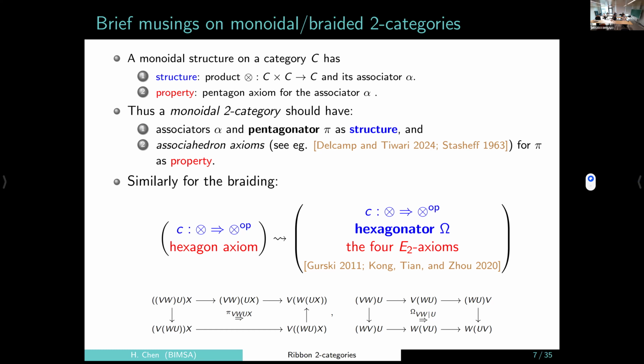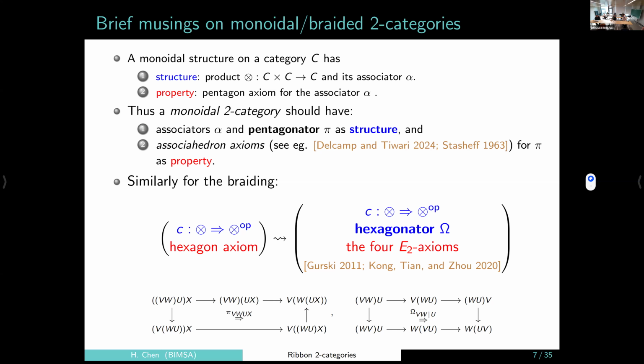So in particular, of course, a monoidal two category needs to have a monoidal product functor, or two functor. Indeed, I'm going to introduce this thing called the pentagonator, which witnesses the pentagon axiom, which used to be a property before, but now it is a two-morphism, so it's now a structure. And that's not enough.